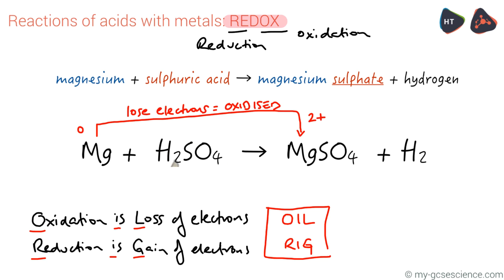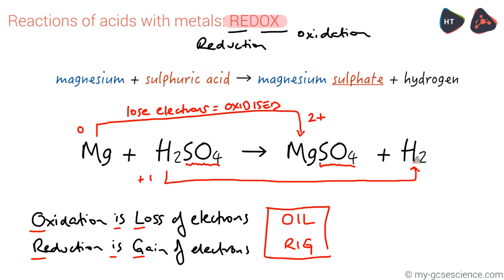Well, we can see that in this substance, H2SO4, the SO4 is the same as the SO4 in the magnesium sulfate. So the sulfate part hasn't changed. But the hydrogen in this substance has changed into hydrogen gas over here. When hydrogen is in a compound, it's also an ion and it has a +1 charge.